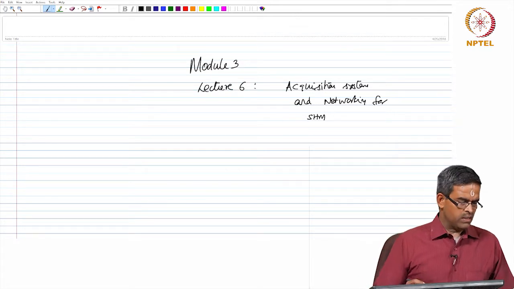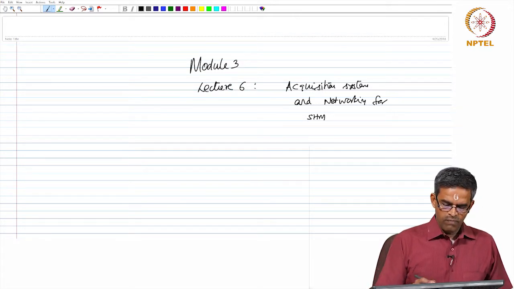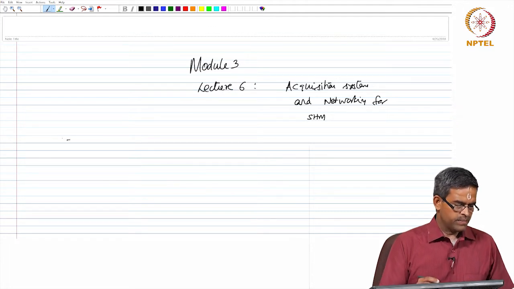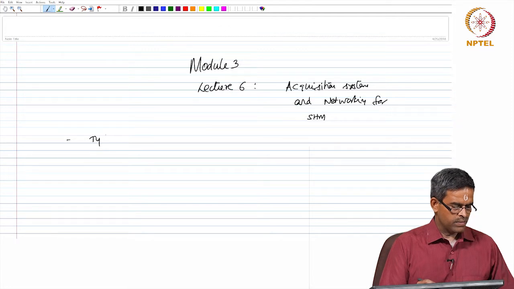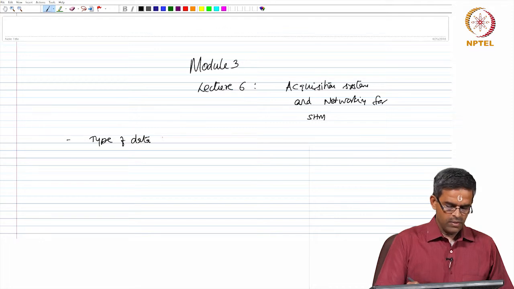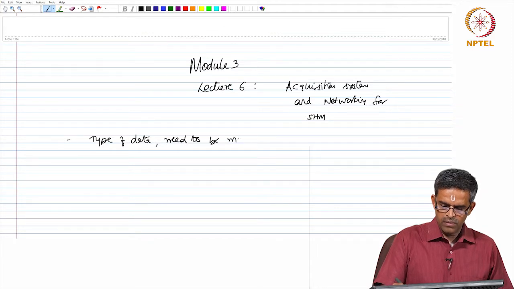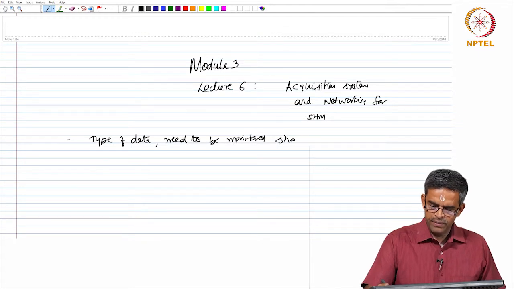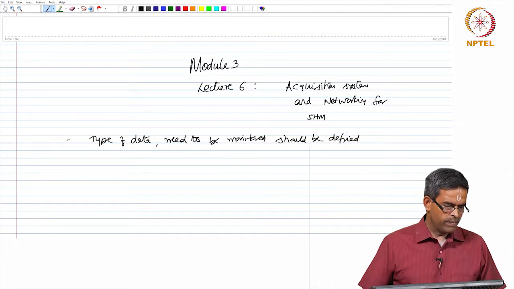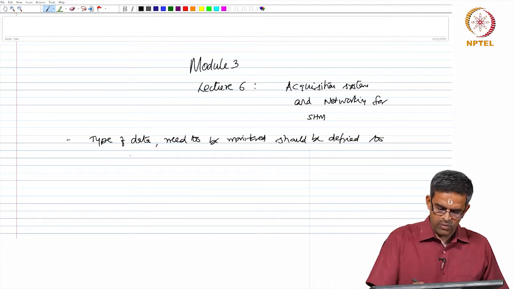In the last lecture, we said that the type of data that needs to be monitored should be defined to design the sensor network.